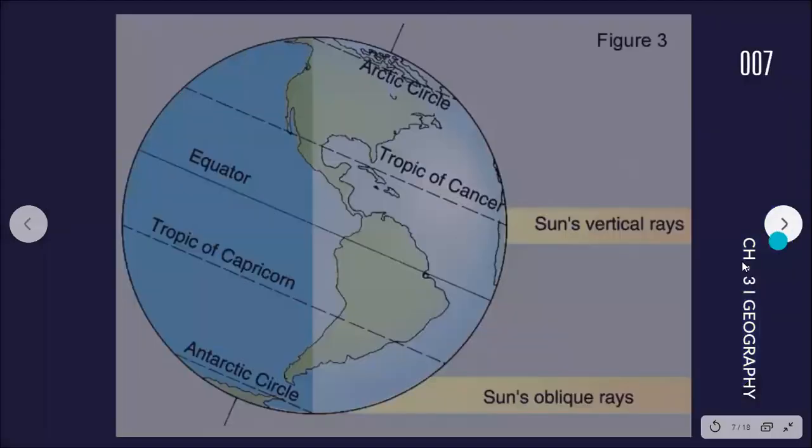It is an imaginary line. So the sun is coming from here, this half of the earth will experience day, and this half of the earth experiences night. So this circle right here, students, is the circle of illumination. Okay.